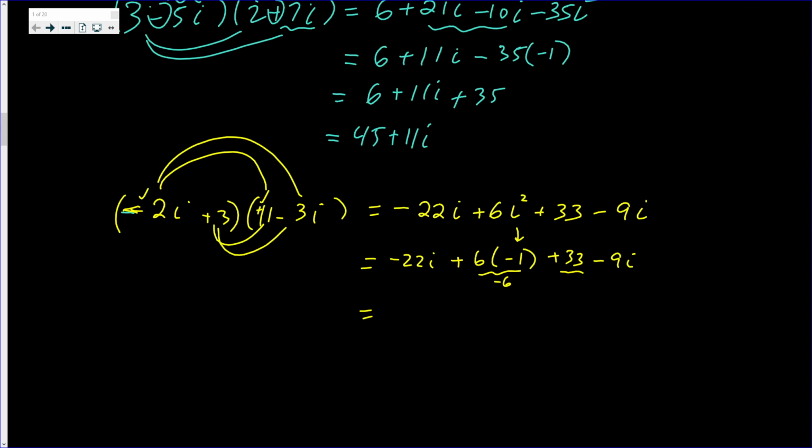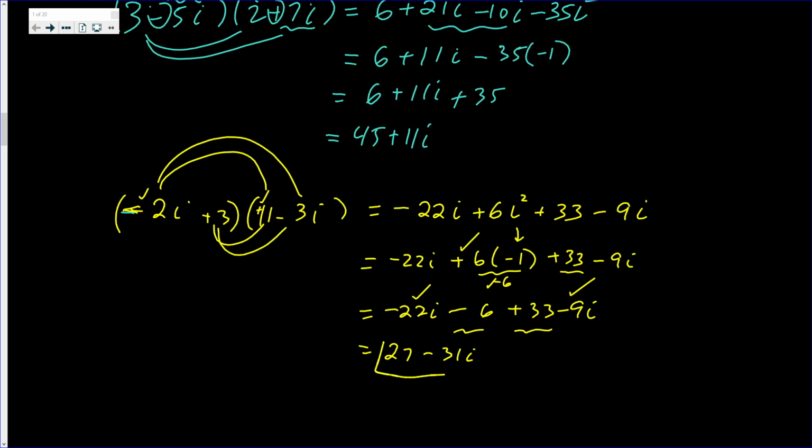So you have negative 22i, then negative 6 plus 33 minus 9i. 33 minus 6, or negative 6 plus 33, is 27. Negative 22i minus 9i is negative 31i. That's the answer to that problem.